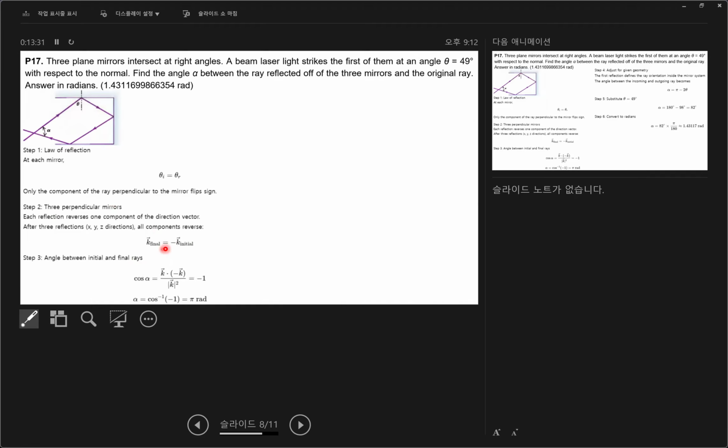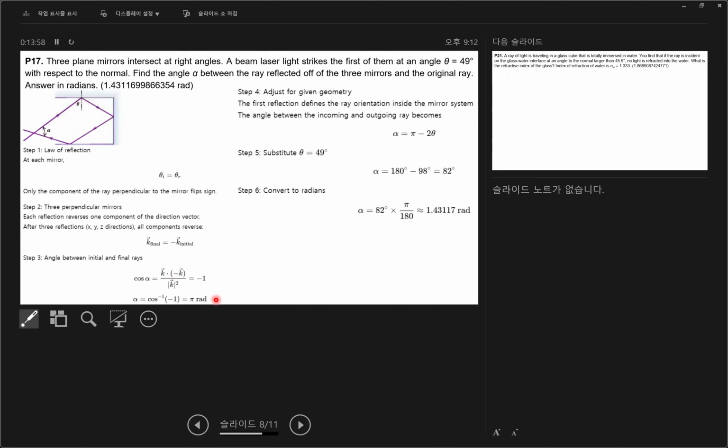The cosine of alpha is k dot minus k, and you get this one. You'll see that it is pi. It may be a little bit misleading, but you get alpha is pi radians.